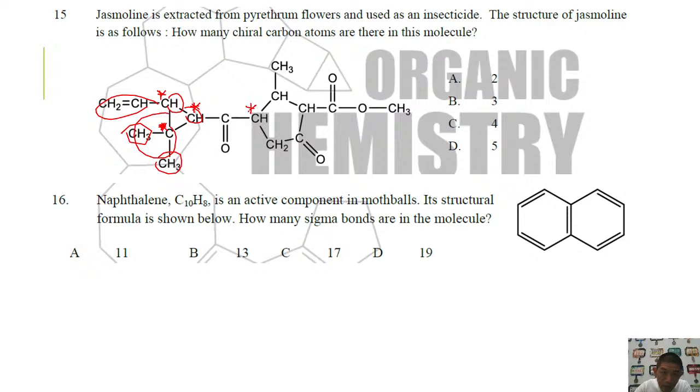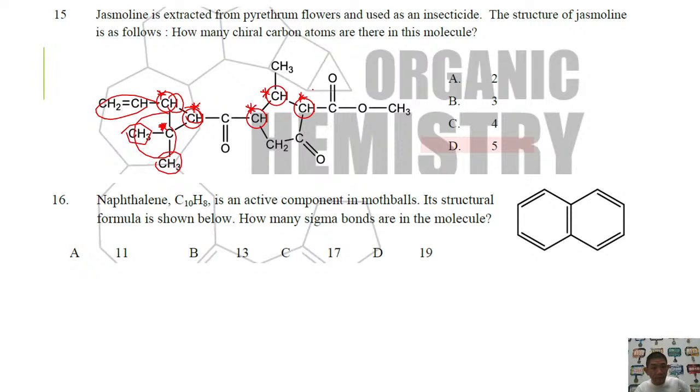So 3. This one also is surrounded by different groups, so 4. And finally, this one also is surrounded by 4 different groups, so 5. So you have altogether 5 chiral carbon atoms. Therefore, the answer will be D. Okay, so this is number 15.